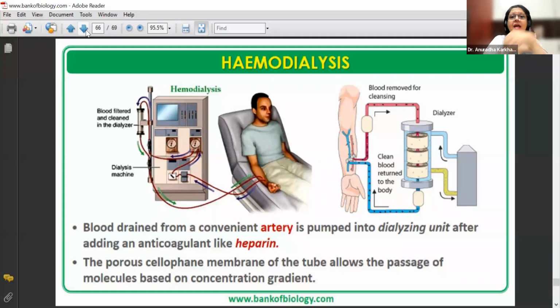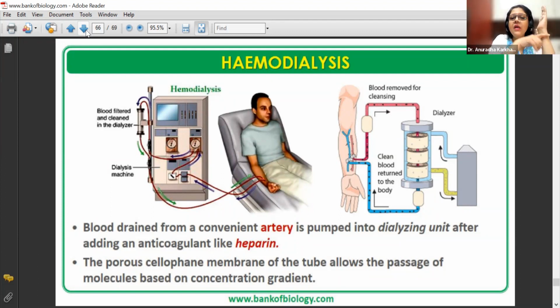So we have to add an anticoagulant like heparin in the dialyzing unit. The porous cellophane membrane of the tube allows the passage of molecules based on concentration gradient. So now in the tube, the plasma is going to be without the nitrogenous waste, correct?